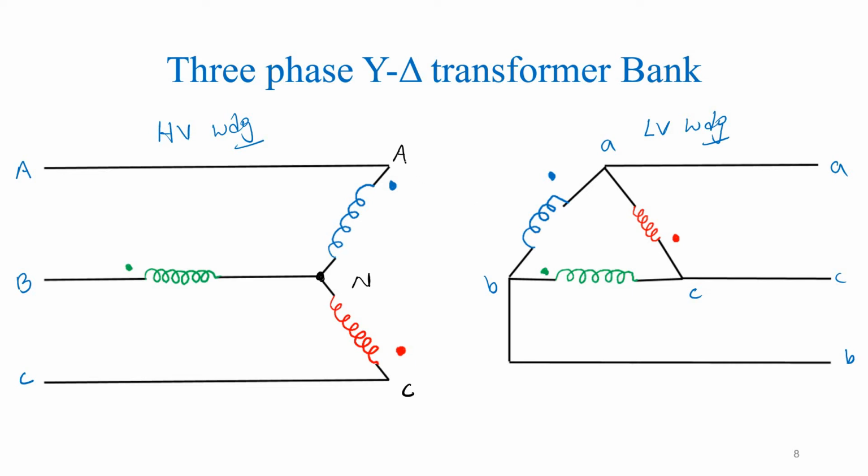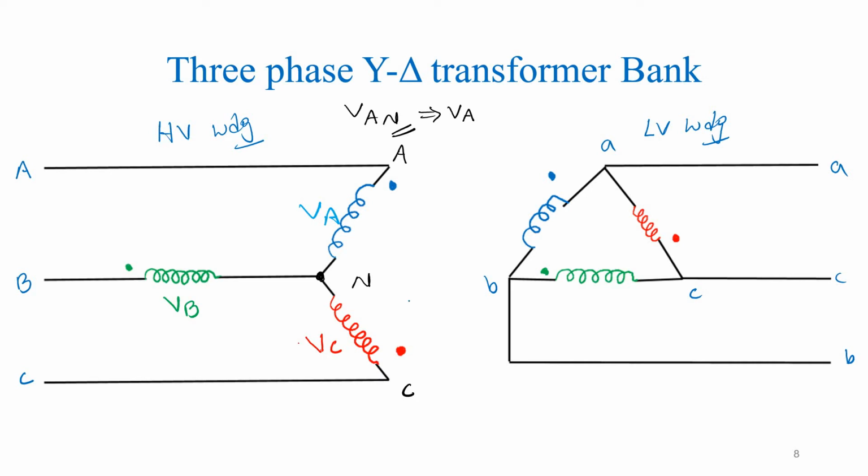The voltage measured between phase A and the neutral point is called the phase voltage, which you can represent by VAN or VA. So I am going to represent the voltage across phase A as VA, across phase B as VB, and across phase C as VC.